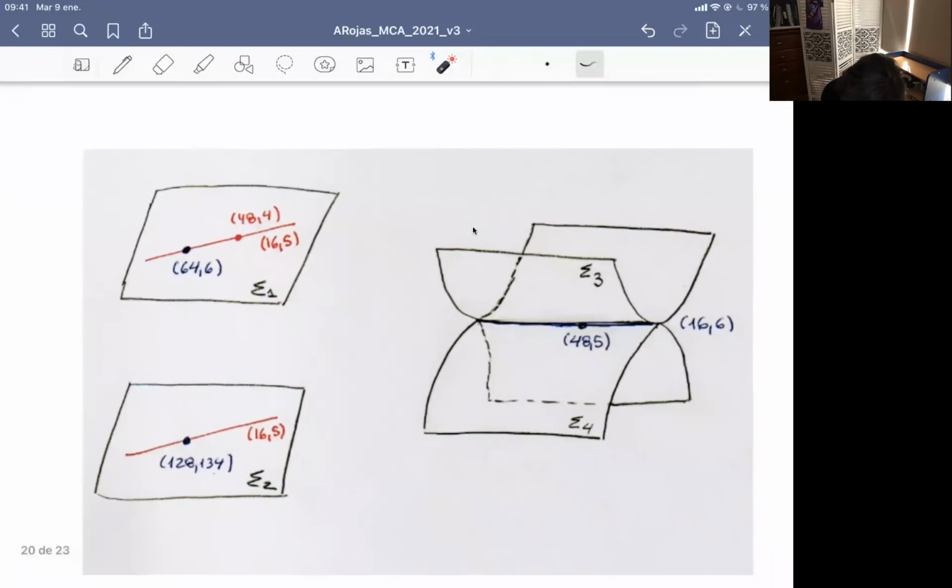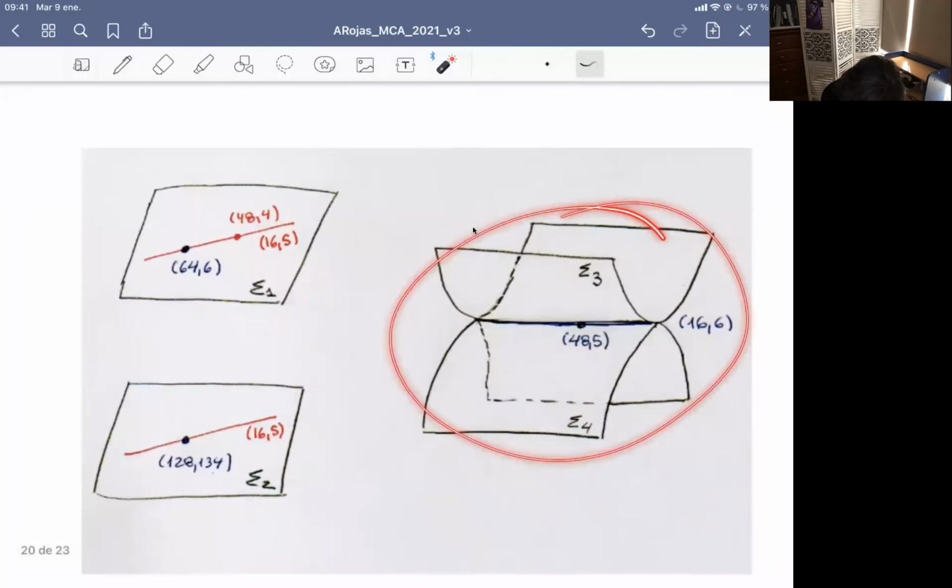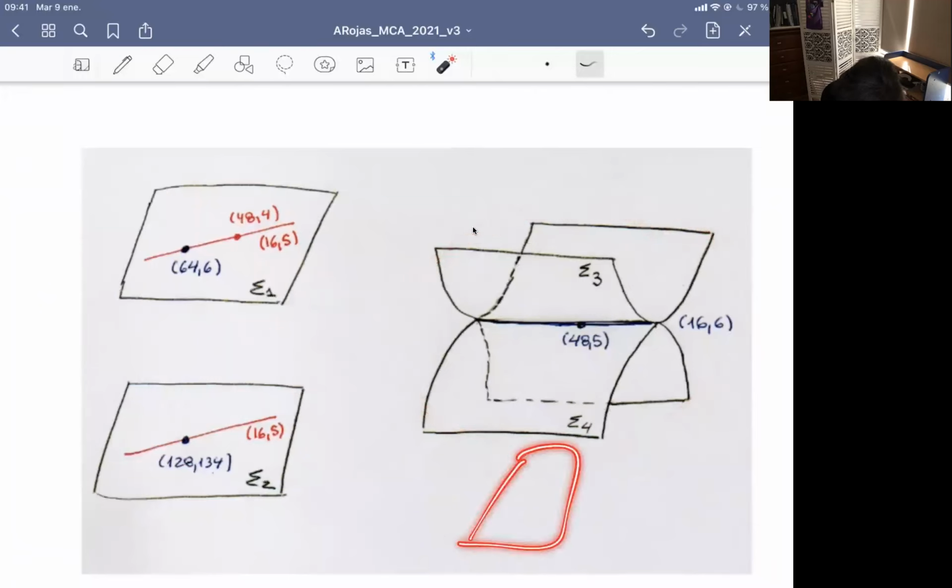Of course, this is just a picture. I'm not sure if they intersect like that or if they are sort of transversal. But the thing is that the 4 strata for CH are sort of like this. You have one which contains a one-dimensional stratum with the action of the small group of order 16 and number 5 in the small group database.